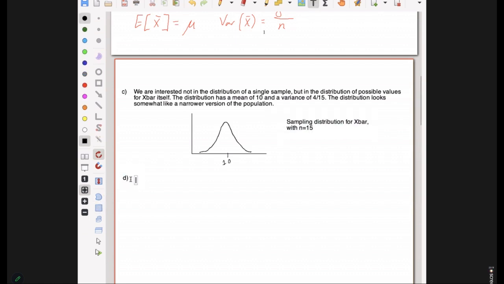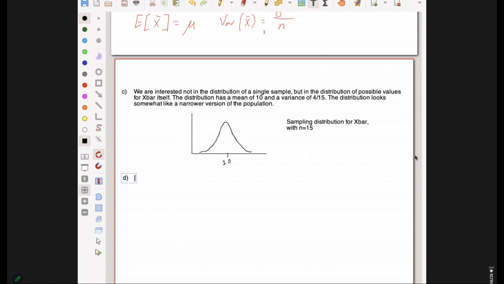This is just a good thing to have an intuition for, and you see these sorts of questions in more introductory statistics courses.